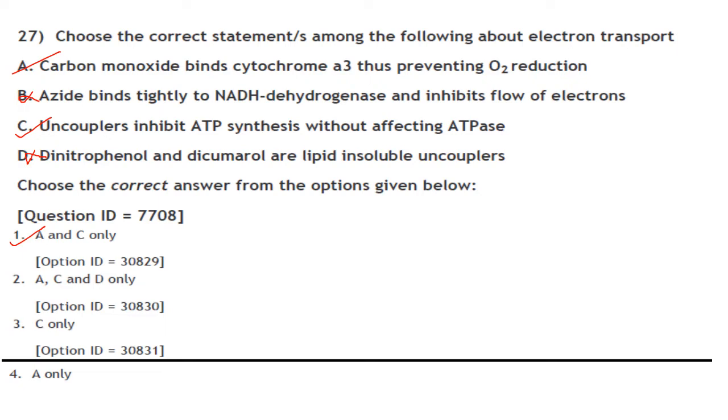So option B is not correct. Then uncouplers inhibit ATP synthesis without affecting ATPase. That is also correct. Then next one. Dinitrophenol and dicumarol are lipid insoluble uncouplers. They are lipid soluble. So option D is also not correct. So the answer is A and C only, option 1.